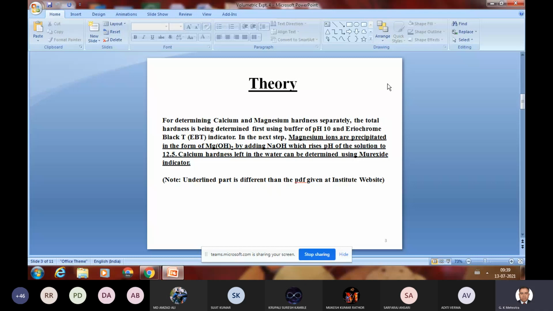So for 1 liter, it is 1 gram; for 250 cc, it is 0.2500 gram. Okay, this is the hard water which is used to standardize the solution of the EDTA.